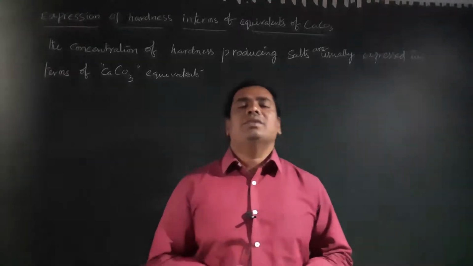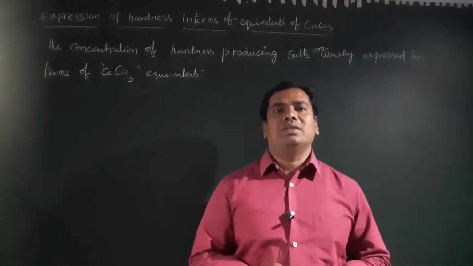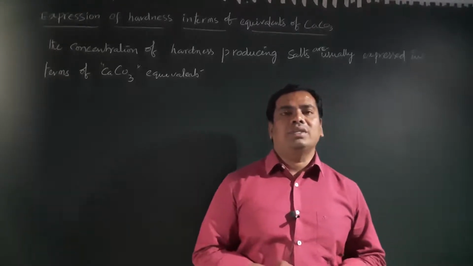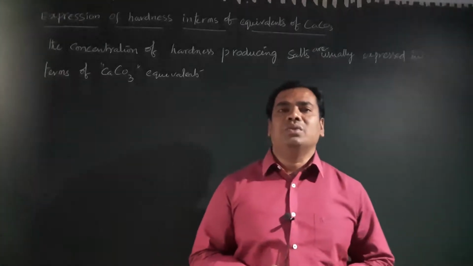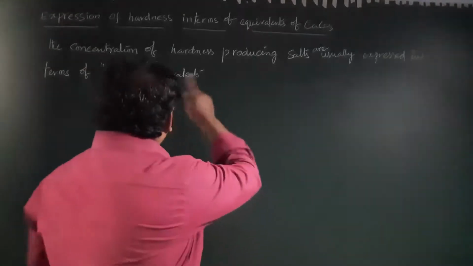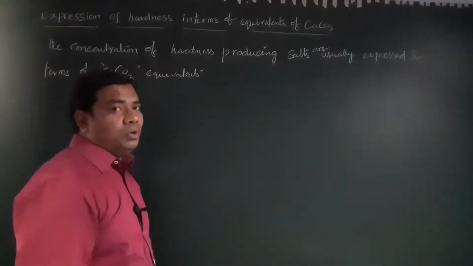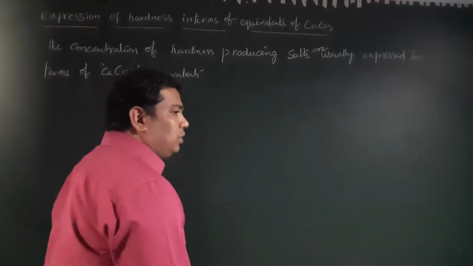The concentration of hardness producing salts is usually expressed in terms of the amount equivalent to CaCO3. So here you can see the concentration of hardness producing salts is usually expressed in terms of CaCO3 equivalent.